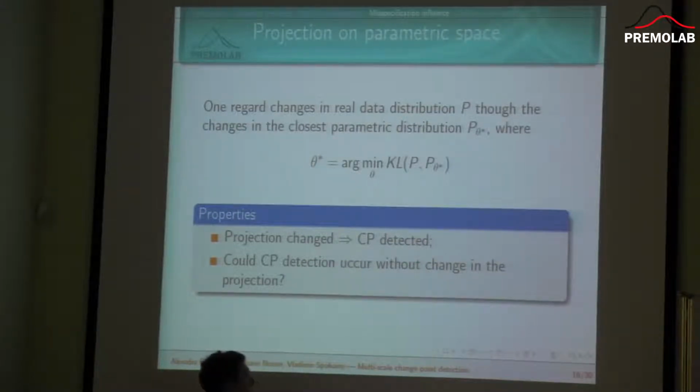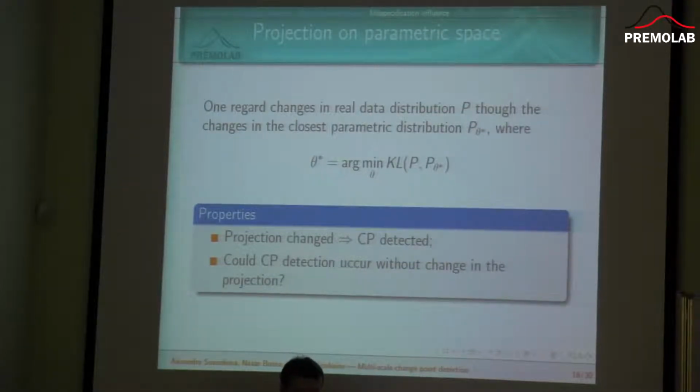So turning to change point, as was already said, we couldn't find the real distribution. We only take the closest parametric approximation for this distribution, and we know that if the projection into the parametric family is changed, then we will detect a change point.